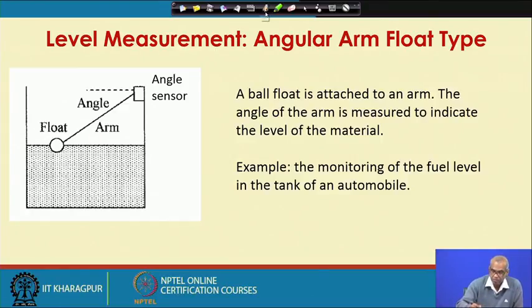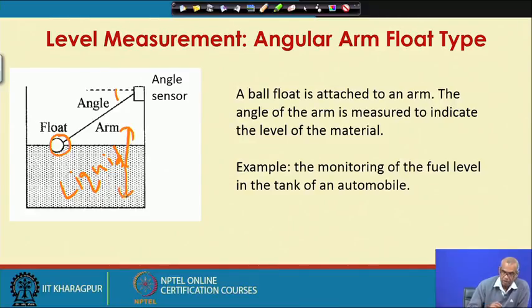So, you have the liquid in this tank, and I have a float, and this angle will change with change in the liquid level. So, if I can measure this angle using an angle sensor, I can take that as an indication of the liquid level.